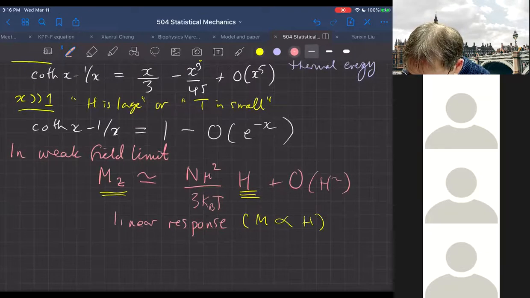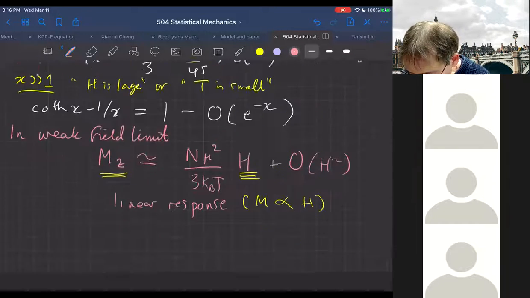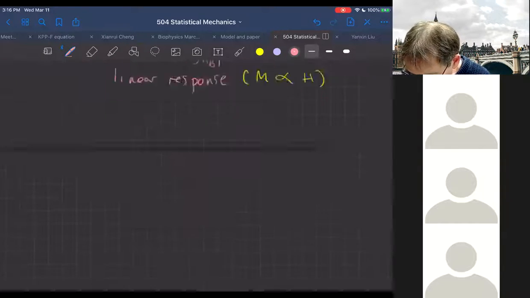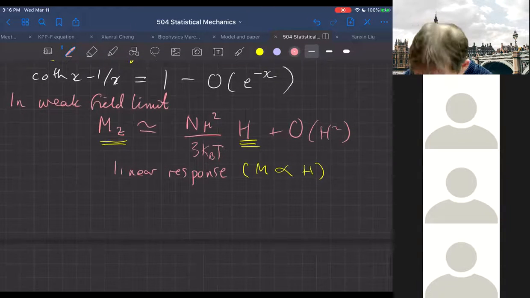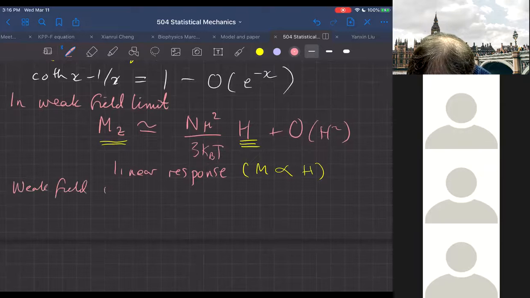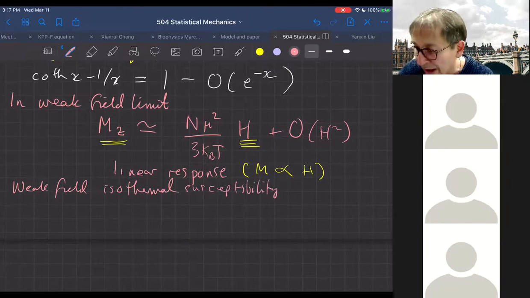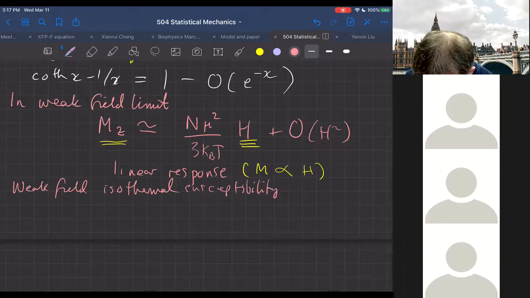So going back to this weak field limit, I can then compute the susceptibility. The weak field isothermal susceptibility measures how strong the external field needs to be to move the magnetization.